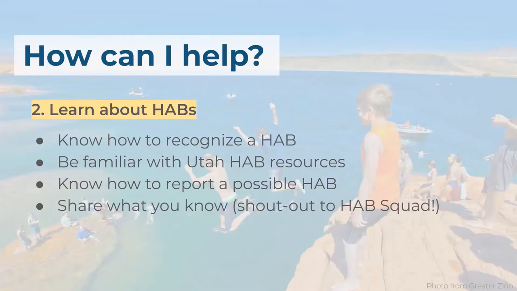And so tonight we're going to hit on a few of these points. I'm going to give you a quick crash course in HAB identification, so you do know what to look for when you're out recreating, and then also share with you some Utah statewide resources and how you can report a possible harmful algal bloom. This will also prep you for what Hope is going to talk about, which is the HAB squad, and some additional ways you can really get involved with this program.